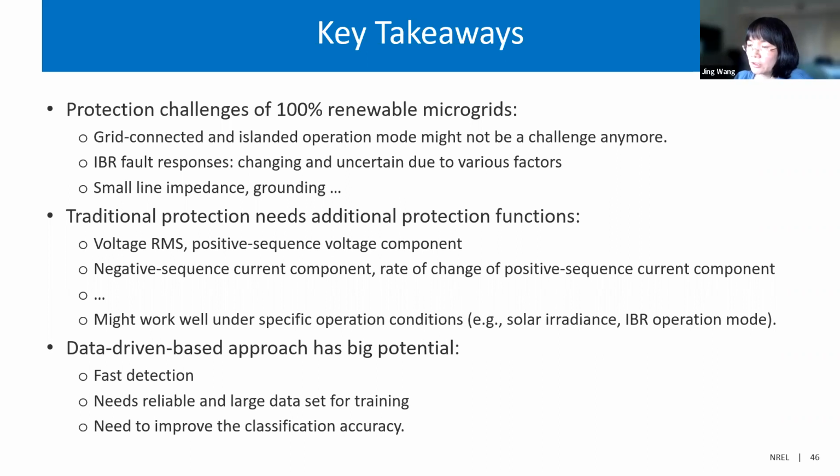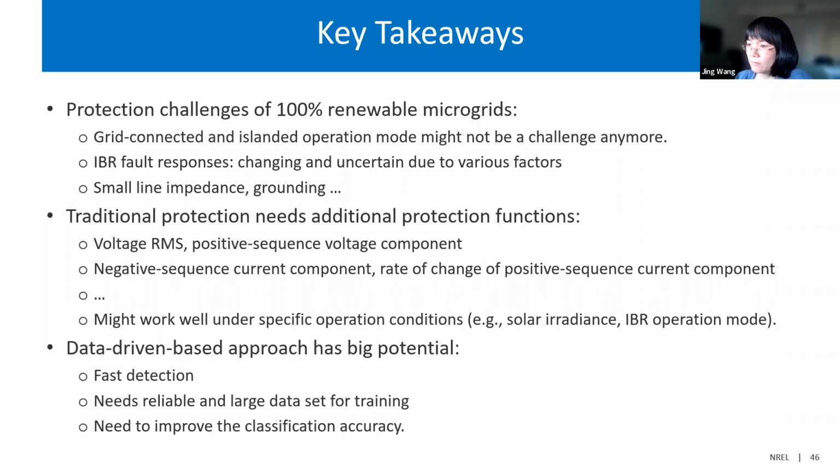For the traditional protection design, apart from overcurrent or directional overcurrent, we need to add additional protection on top. For example, voltage values like voltage RMS, positive sequence component, negative sequence component, current components, and rate of change as well. This approach might work under specific operating conditions.